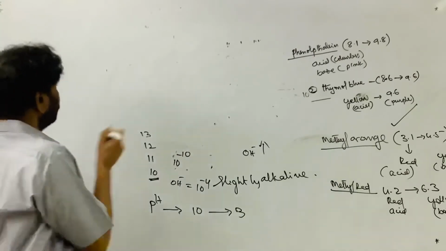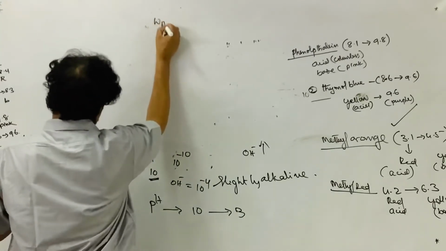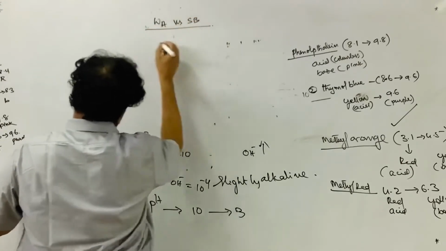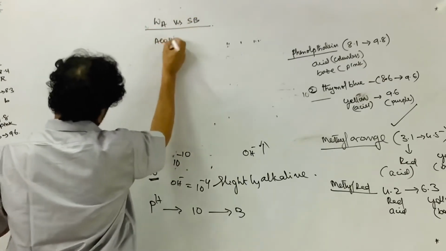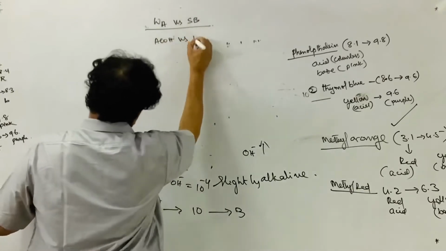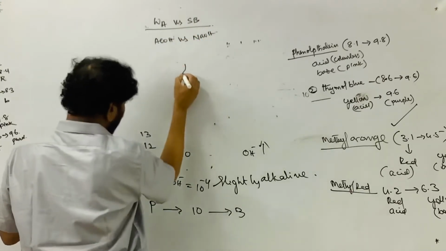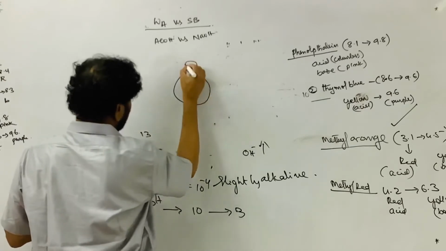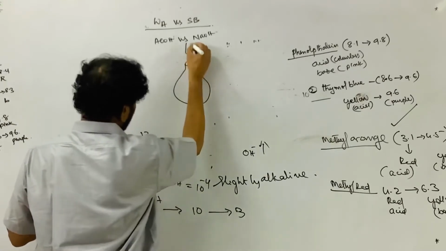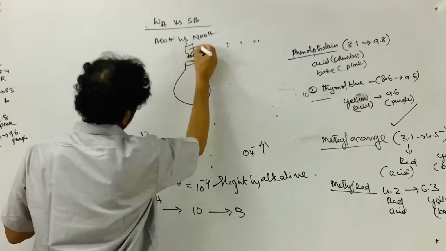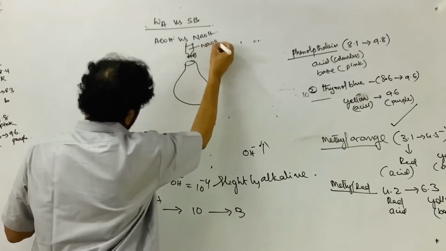Weak acid versus strong base, that is acetic acid versus sodium hydroxide. See, now you are taking the standard sodium hydroxide.